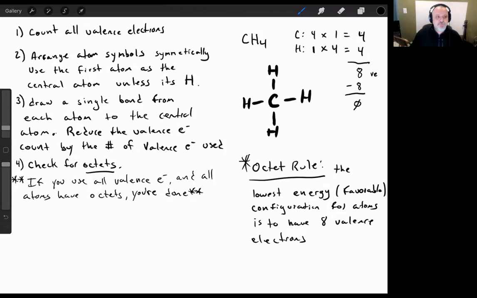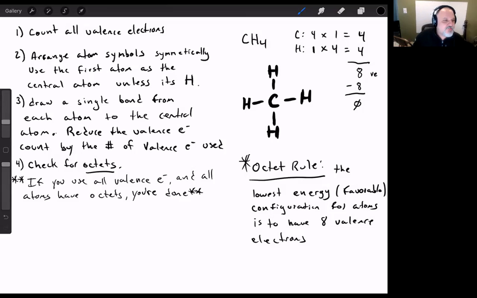You finished drawing the picture. That's how you know you're done. You know you're done, and you've drawn the correct picture when all atoms have octets and you've run out of electrons. That's how you know.